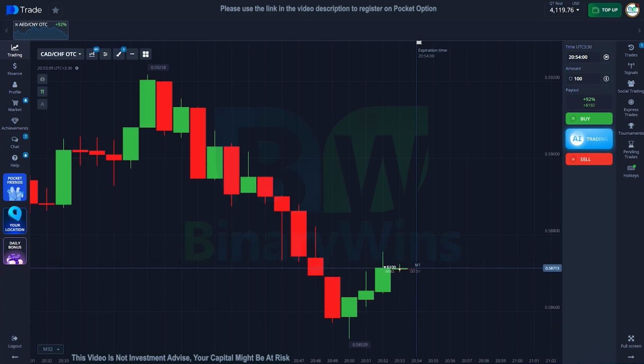As you can see, we have a downtrend. I entered the lower trade in the direction of the trend. We have a trend line where the green candlestick has received pressure and rejection from our trend line.